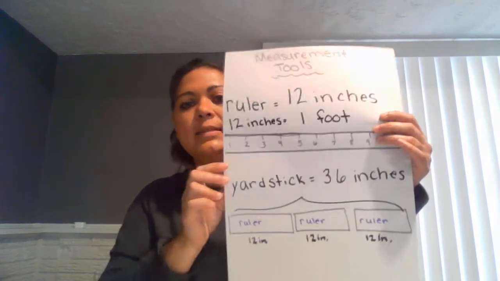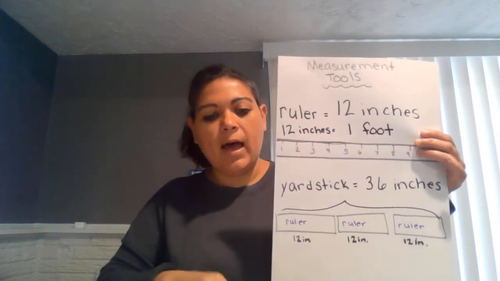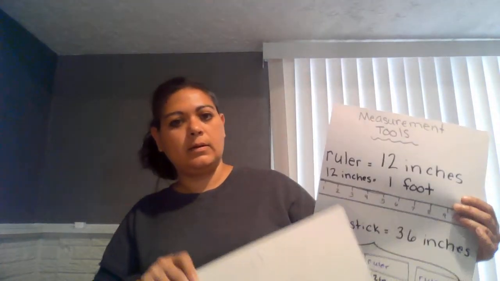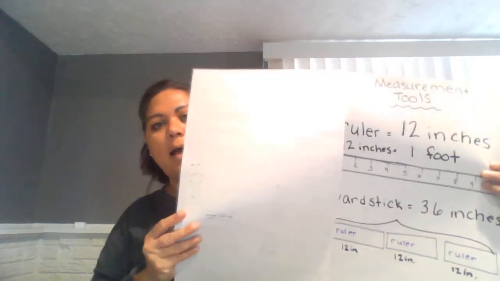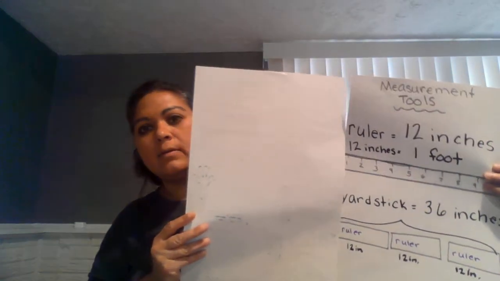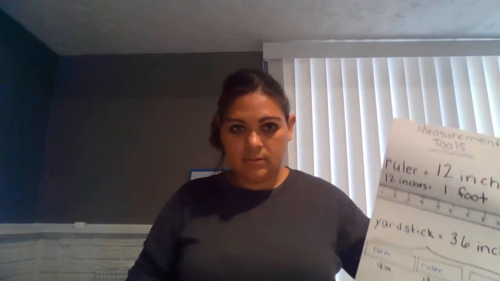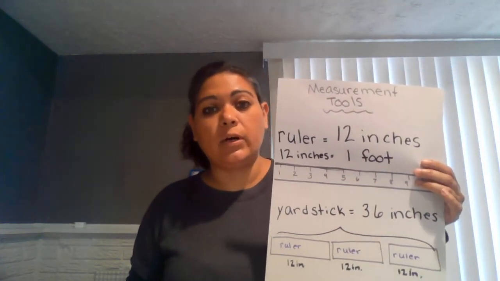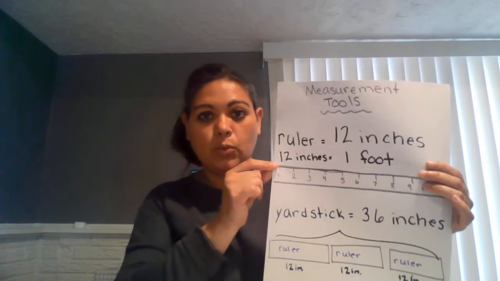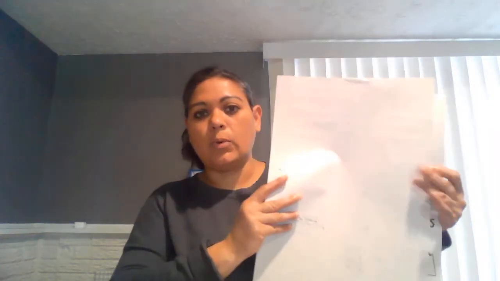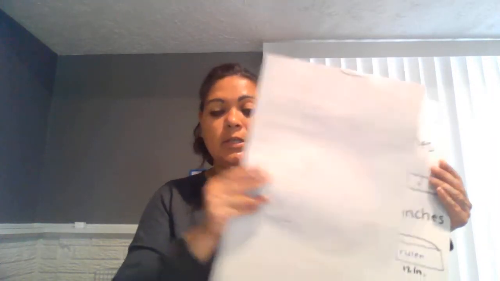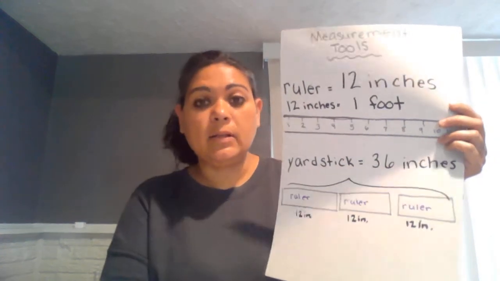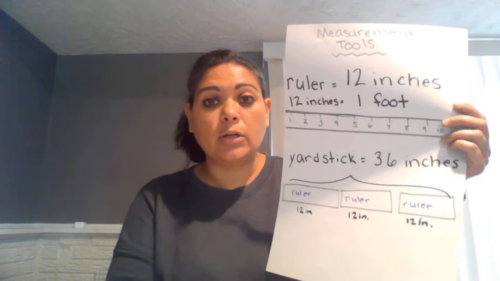Okay, so if this equals 1 foot, if I put 2 papers together, I'm going to have 2 feet, or 24 inches, because it would be 12 plus another 12 equals 24. In the classroom, you see a yardstick.